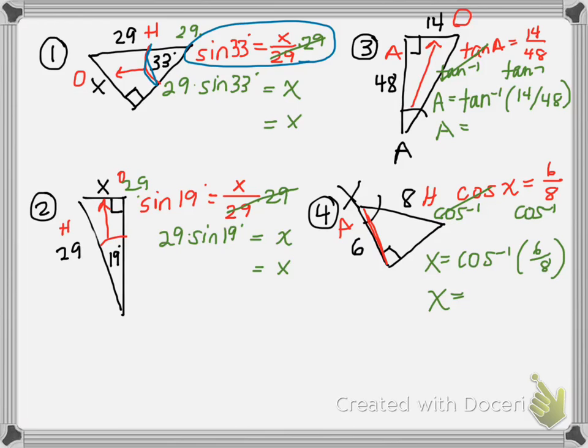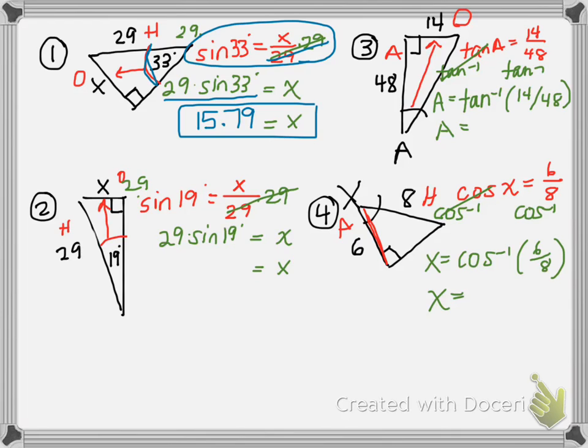Alright, and then we multiply by 29 on both sides, and we get 29 times sine of 33. And when we multiply that out, that will give us our side length that we're missing, which is 15.79. And so that is our side length of that triangle.